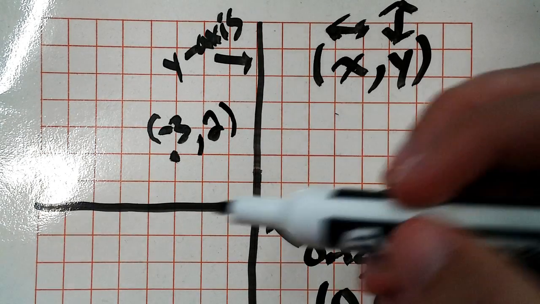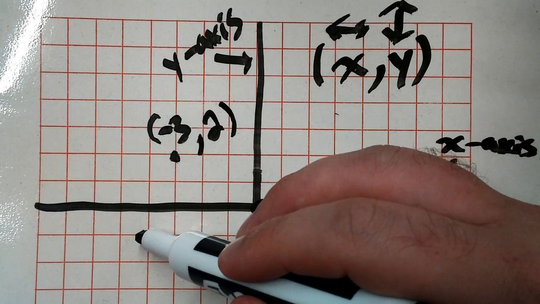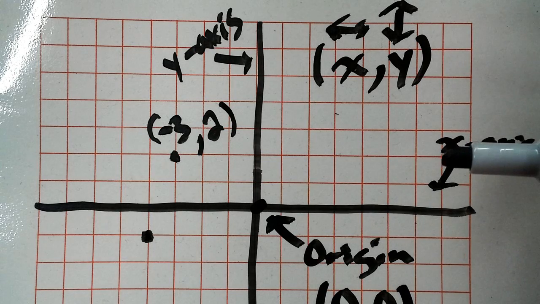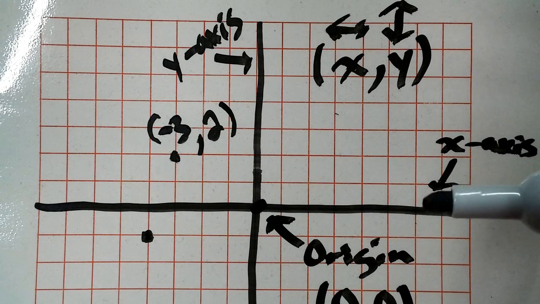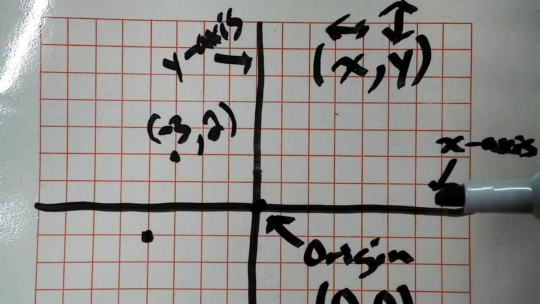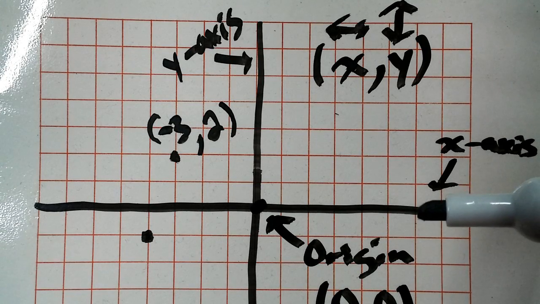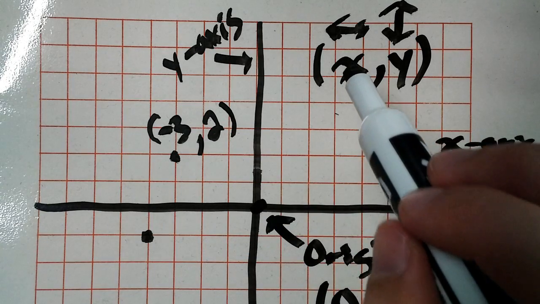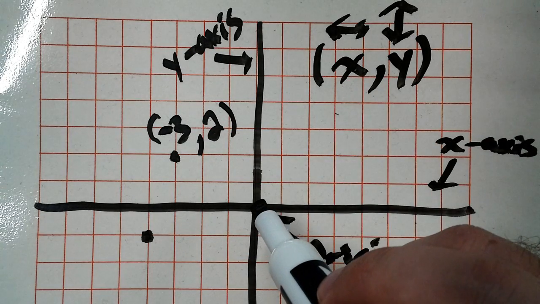What if I had a point over here? Let's come up with that label. I want you to think about it, do the counting, and then I'll put the answer. Okay, so let's count from the origin. Remember, x values always go first, so let's count how far left or right.